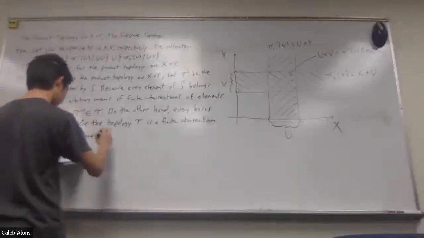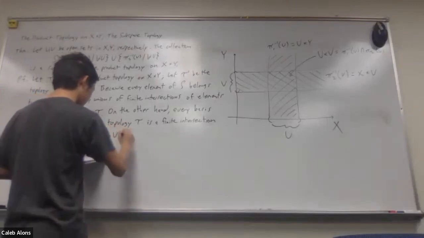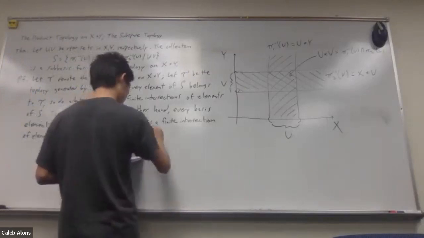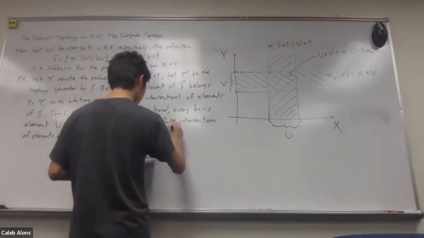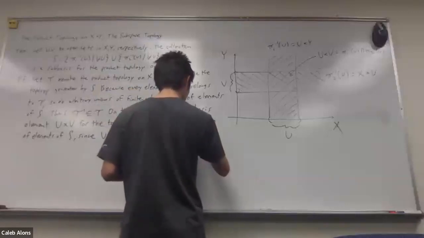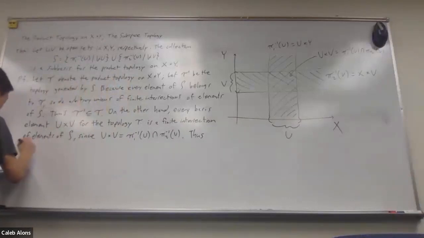And then we can basically cite the work we did, since U cross V can be understood to be P1 inverse U intersecting P2 inverse V. So in that case, we have that T is finer than T prime.